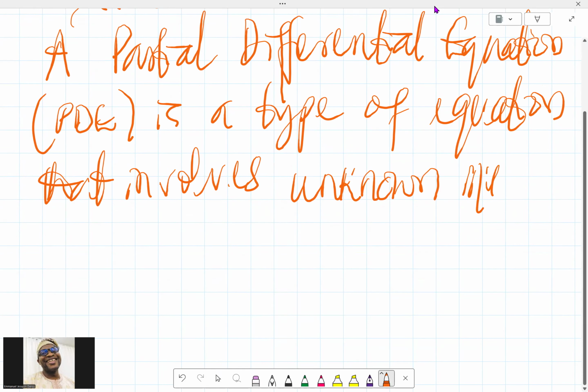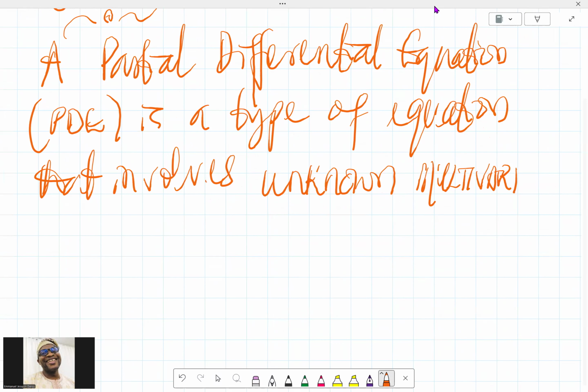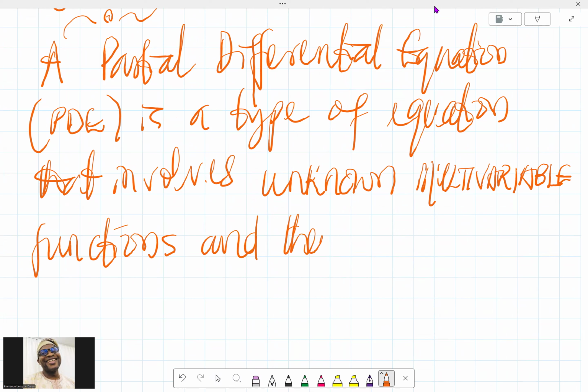I think that's the key word here. Unknown multivariable functions. So a function with many variables and their partial derivatives.